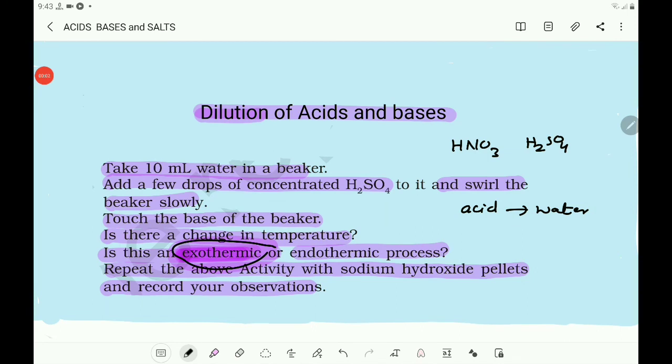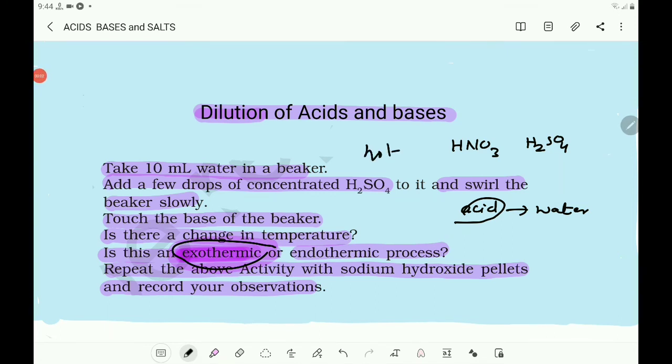So it is always desirable to add acid slowly to water, keeping the solution continuously stirred. While preparing dilute solutions of acids, particularly nitric acid and sulfuric acid, we should always add acid to water. Otherwise, so much heat is produced during the dilution process that the container, especially that of glass, may break.